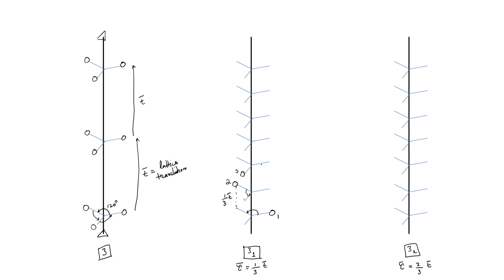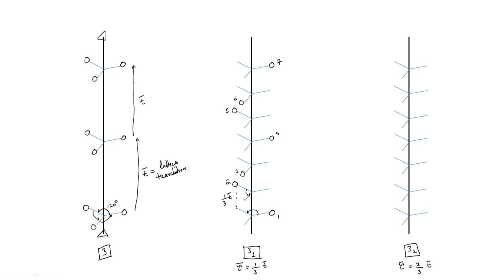Another 120 degree rotation, I go up to motif number 4. Another 120 degree rotation, I go up to motif number 5. Another 120 degree rotation, I move to motif number 6. Another 120 degree rotation and I move to motif number 7.